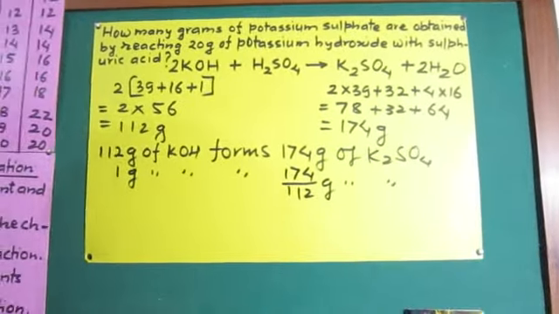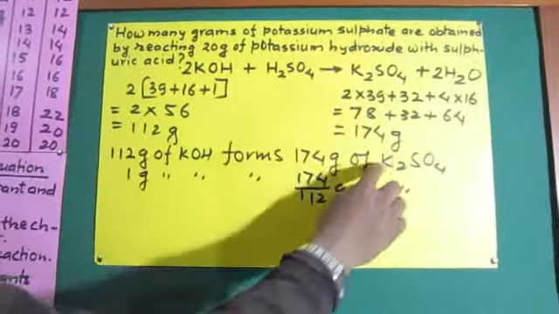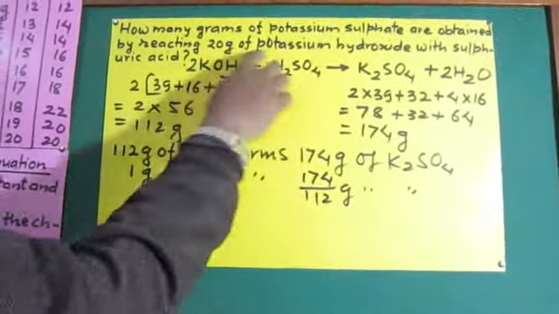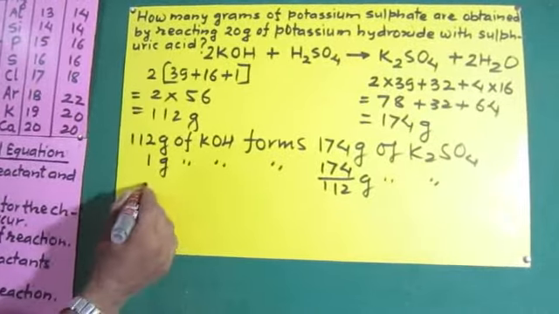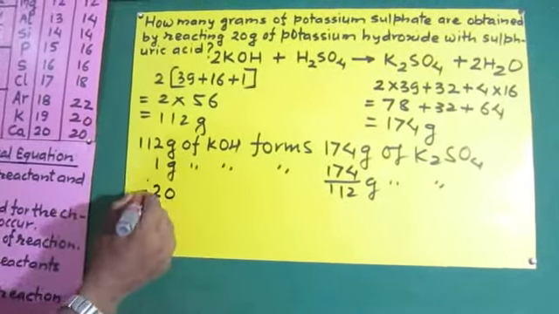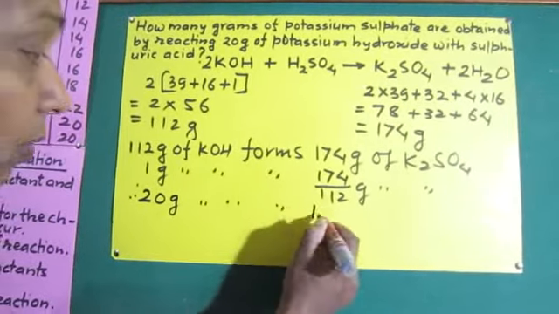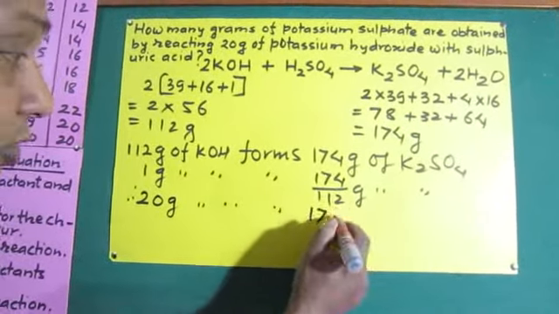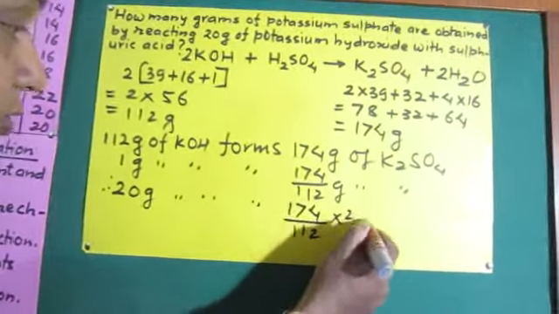Now our question is, how many grams of potassium sulfate forms when 20 gram of potassium hydroxide reacts with sulfuric acid? That's why let's take 20. Therefore 20 gram of potassium hydroxide forms how many grams of potassium sulfate? 174 divided by 112 into 20.